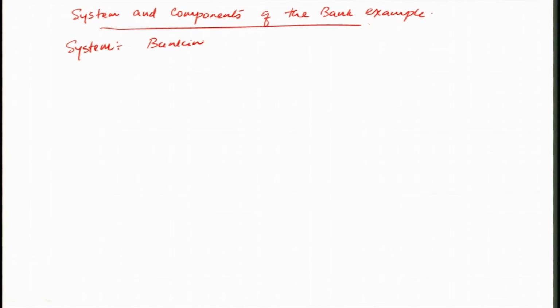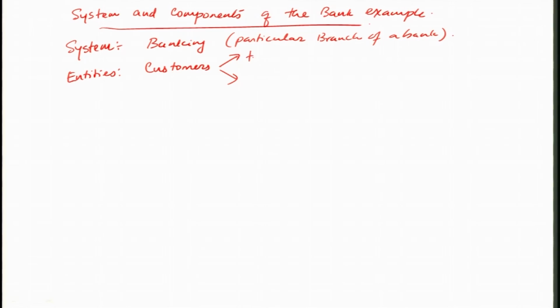You are studying the banking system, more specifically a particular branch of a bank. Then what are the entities? You can say there are customers. If you want to be more specific, you can have two types: teller customers and loan customers.